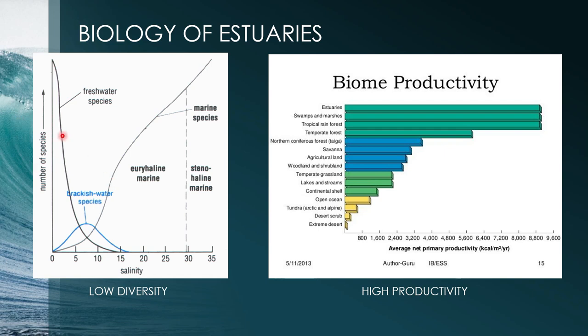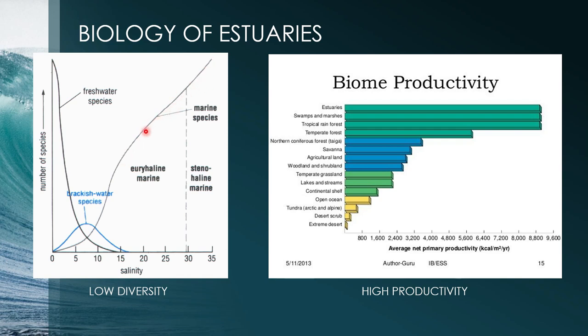Remember, freshwater species tend to urinate a lot, and saltwater species don't. So their kidneys are not designed to get rid of all the water that comes into their bodies. They can't live in these lower salinity environments. If they get in here, they die. So they're limited to saltier areas.